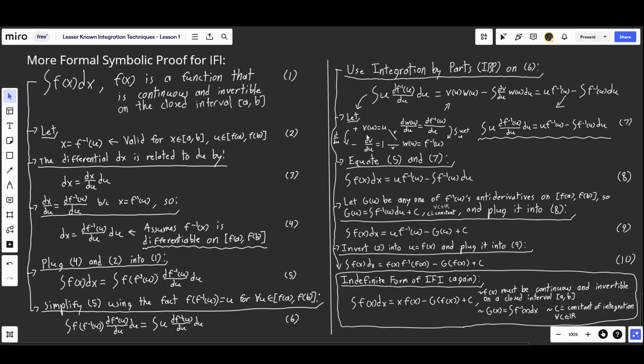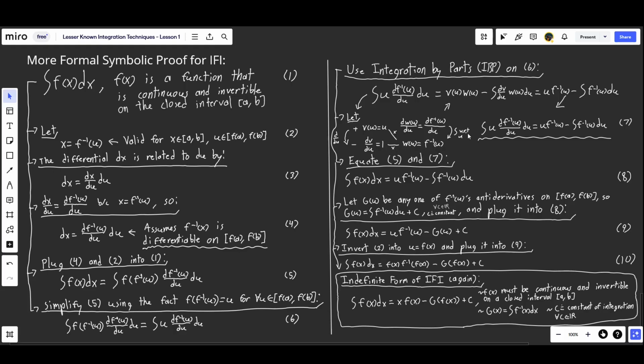Taking the derivative of v of u, we can see that it will equal 1. And taking the indefinite integral of dw/du with respect to u, and discarding the constant of integration because it won't matter in the end, we can see that it will equal the inverse of f of u.